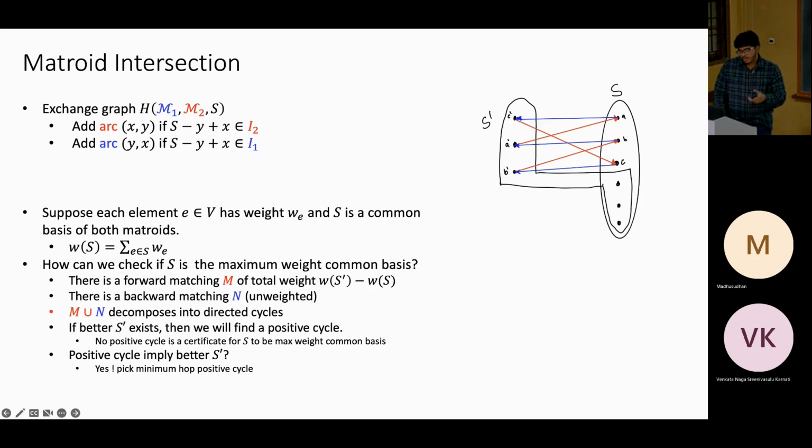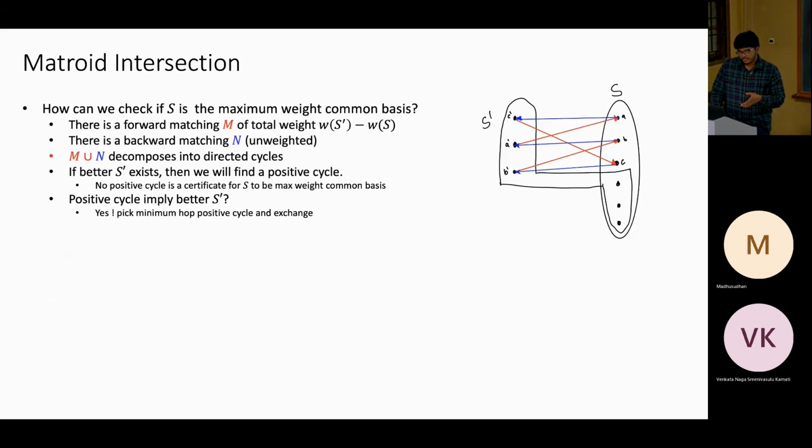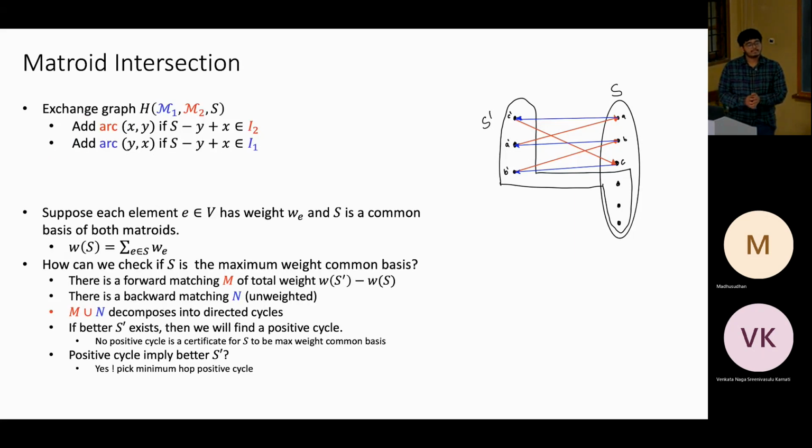We'll see why this minimum hop is crucial. Really, it's because of the second lemma where you have this unique perfect matching instead of perfect matching. So when you say minimum hop positive cycle, among all positive cycles, look at the one with the least number of vertices.